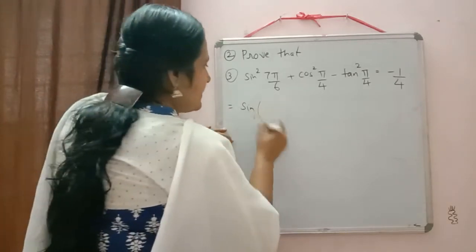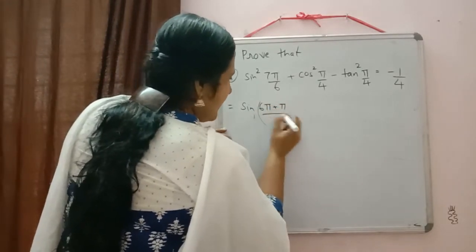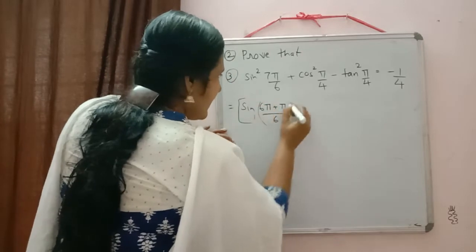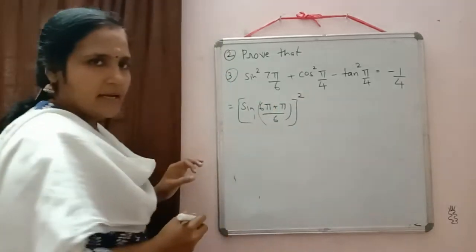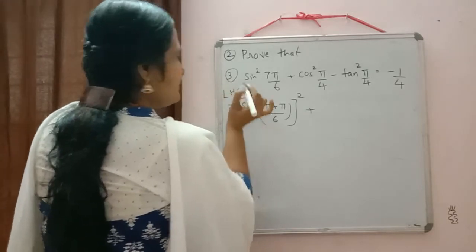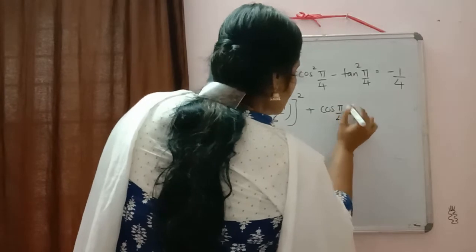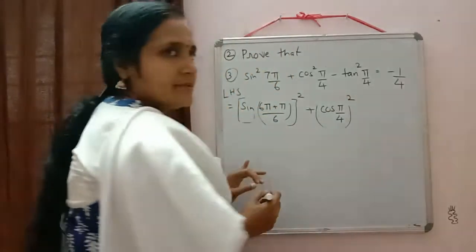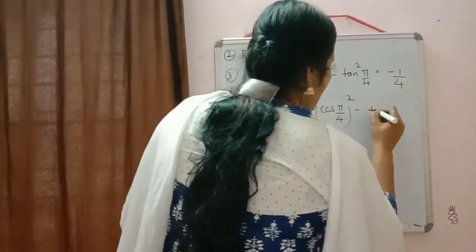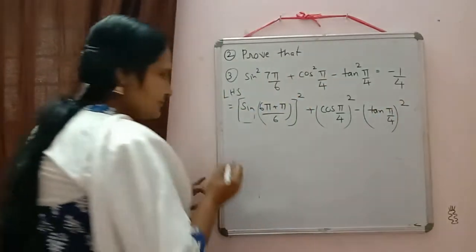So it can be written as 6 pi plus pi by 6 whole square. I am writing in this way. Whole square plus, just to write down here left hand side, cos square pi by 4, meaning that is cos pi by 4 the whole square minus tan pi by 4 the whole square.